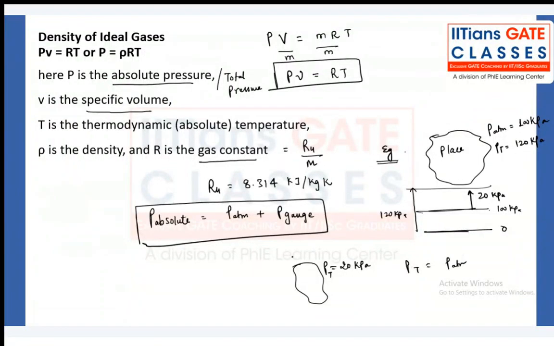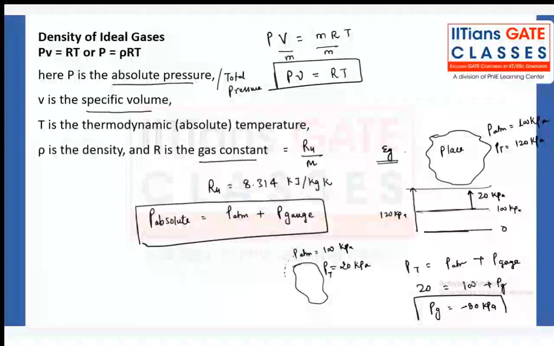We know the local atmospheric pressure at that location is 100 kilopascal, for example, plus P gauge. That is 20 kilopascal, 100 plus P gauge. What is the P gauge? It is minus 80 kilopascal. That means you can also say there is a vacuum pressure of 80 kilopascal at that location. If you say vacuum pressure of 80 kilopascal, everybody can understand, okay, 100 minus 80, 20 kilopascal is the net total pressure available at that location. That will become your absolute pressure.